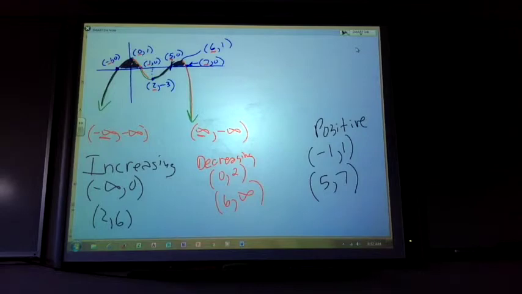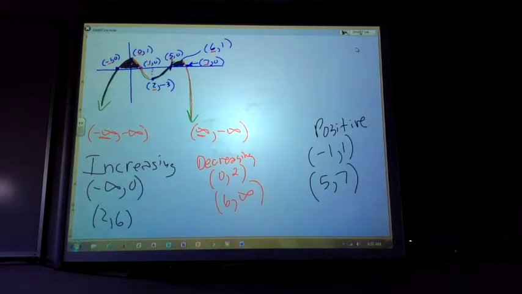So positive and increasing mean two different things. If it's increasing, that means that if I were to continue the line in that direction, it would end at the upper right. If it's decreasing, if I were to continue the line, it ends at the lower right. I just thought I flipped increasing. I got you. It's real easy to flip-flop, okay?